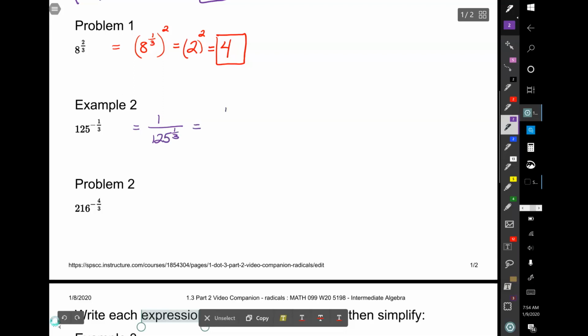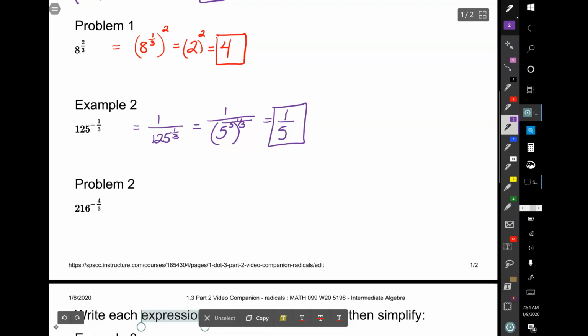That equals 1 over 5 cubed to the 1/3, which these will reduce to 1, the exponent, and you'll be left with 1 over 5. So our answer is 1/5.